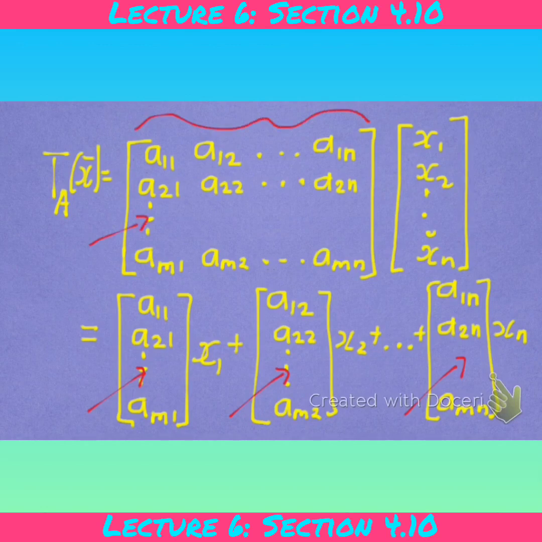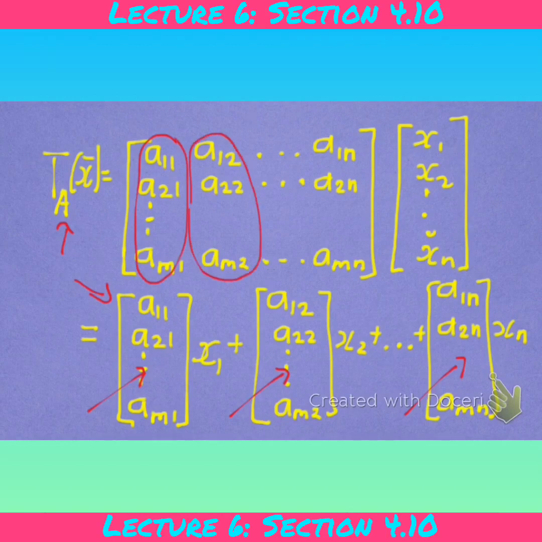So basically, for a point to be in the range of that function, it needs to be a linear combination of the column vectors of the matrix A. Okay, so in the case of the function T subscript A, it's easy to find the kernel and the range. The range is determined by the column space, and the kernel is determined by the null space.